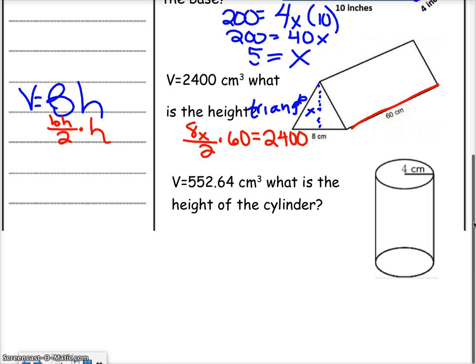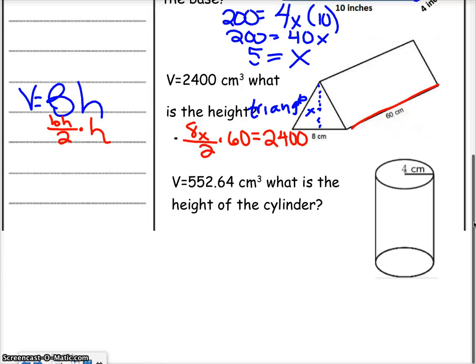Now you can either go ahead and simplify through and solve with algebra, or like we did in our geometry unit, just start working backwards from the operations. I typically deal with the 2. What's backwards of dividing by 2? Multiply.